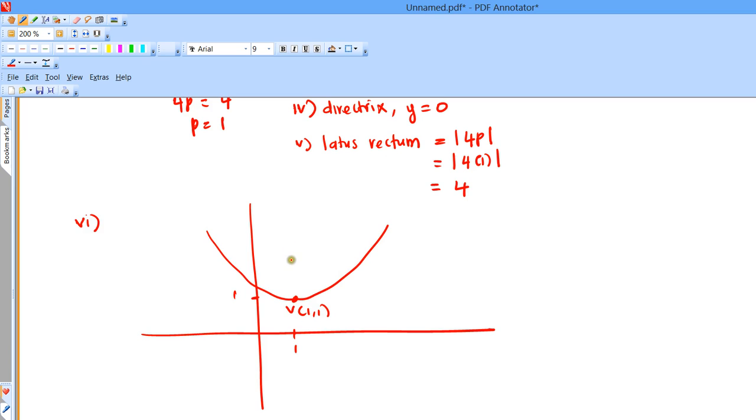And then we have the focus here at (1, 2), and then the directrix y equal to 0. This is the x-axis and y-axis, you need to label. So we have y equal to 0 as the directrix.